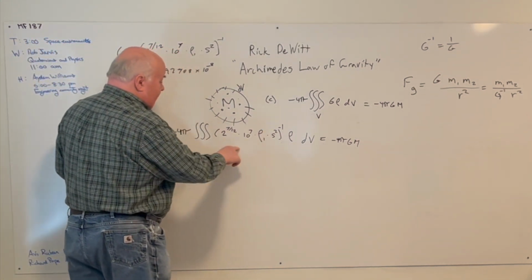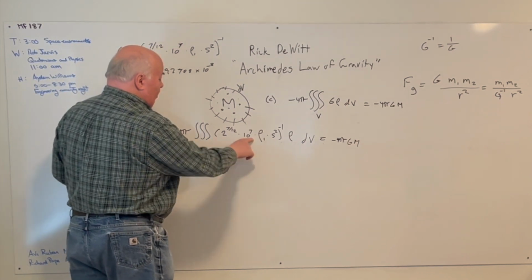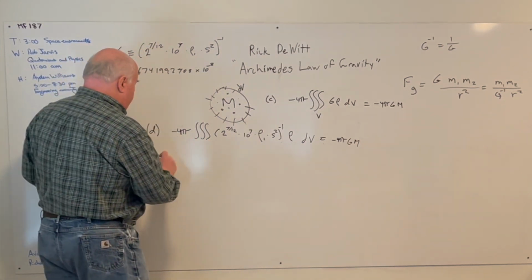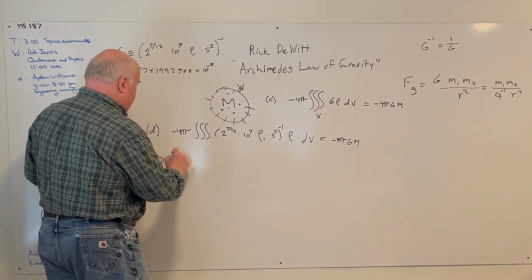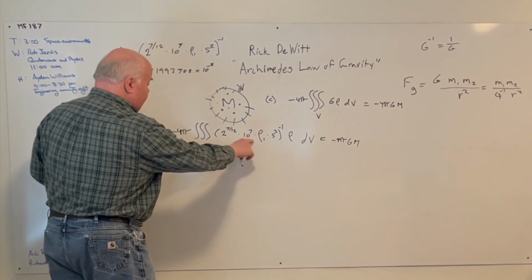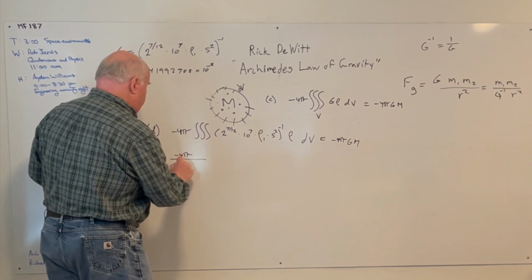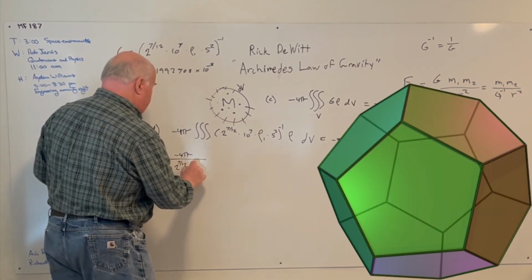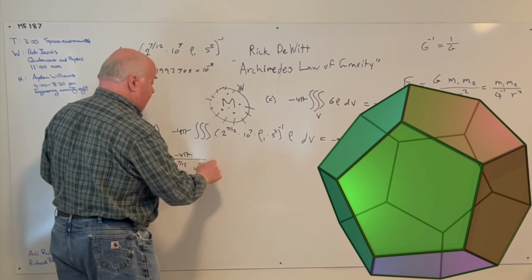These go in the denominator, and the constants can come out. So I get minus 4 pi over this thing, 2 to the 7/12 times 10 to the 7th.